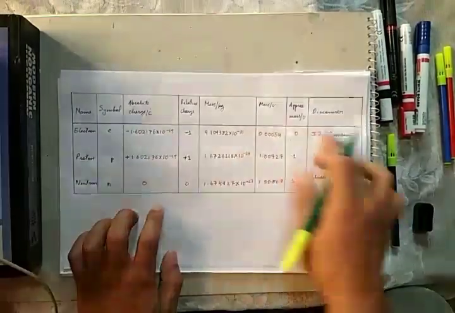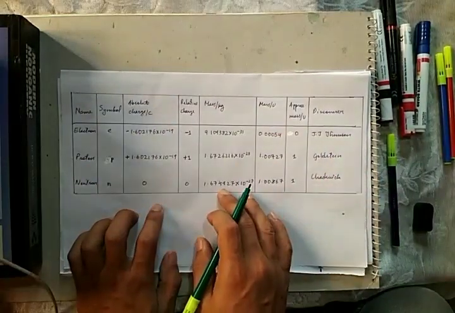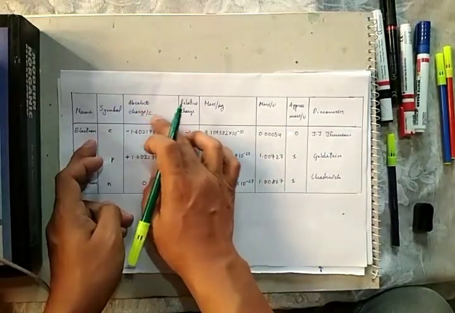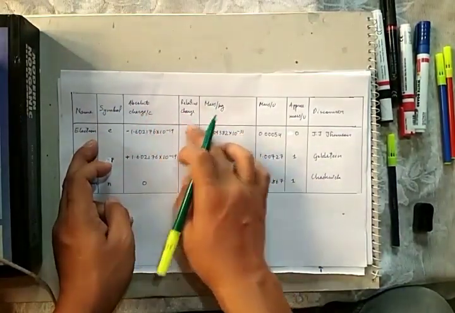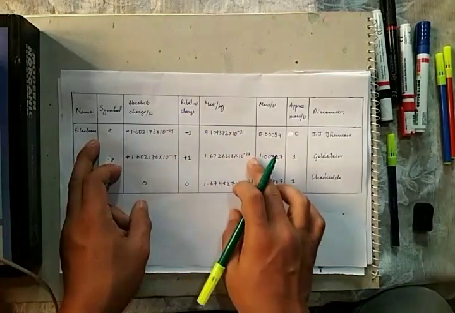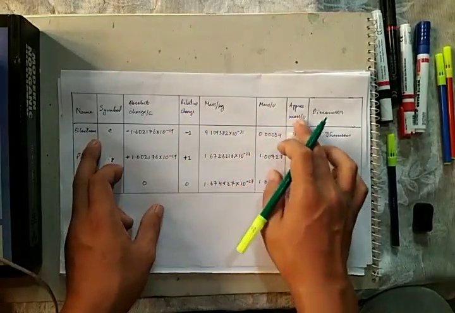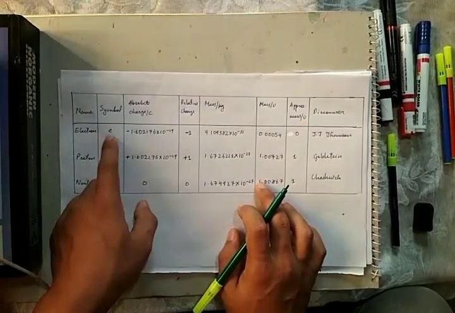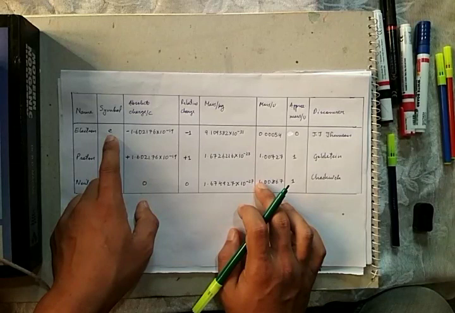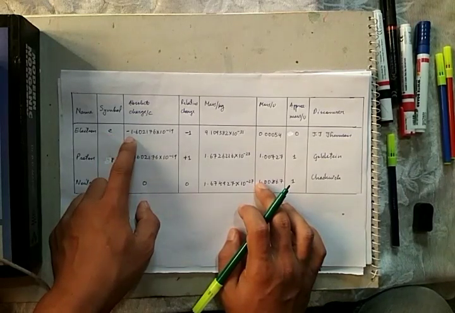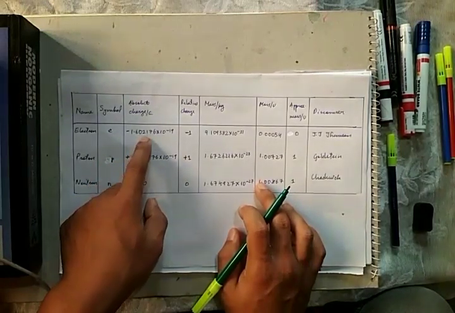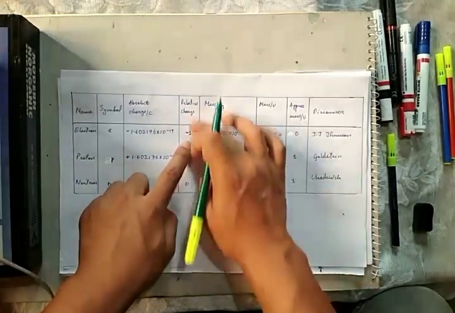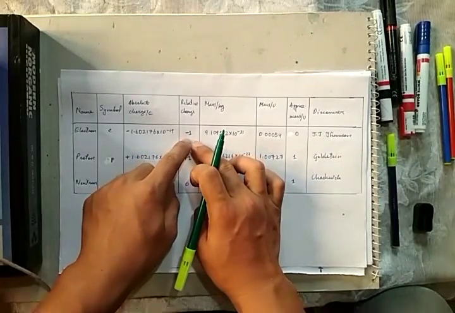So this is a table showing the symbol of the particles, their absolute charge, relative charge, mass in kg, atomic mass unit, approximate mass, and discoverer. Electron is represented by this symbol. Absolute charge is 1.602176 × 10^-19. Relative charge is taken as -1.